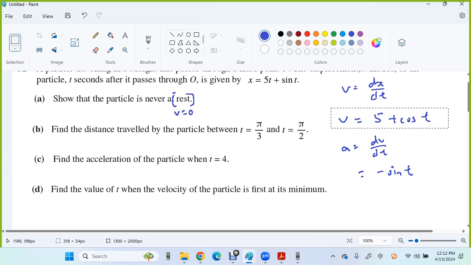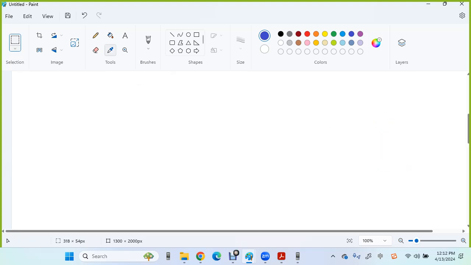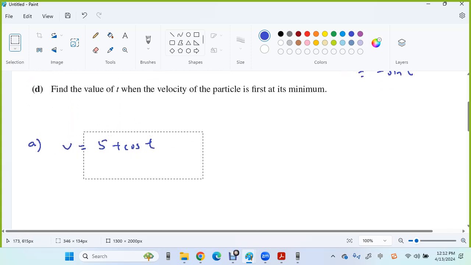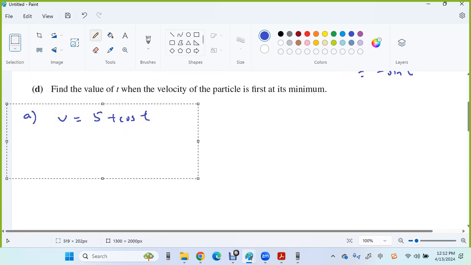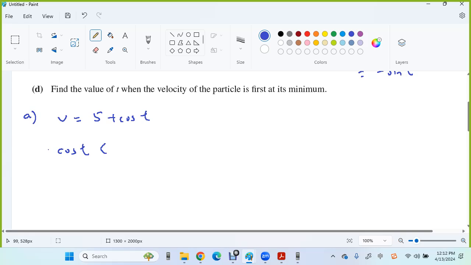We know that the velocity is 5 plus cos t. So we need to show that it is never 0, because we know that cos t is between negative 1 and 1.